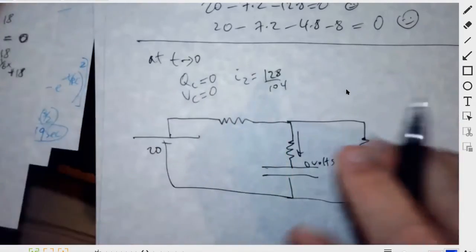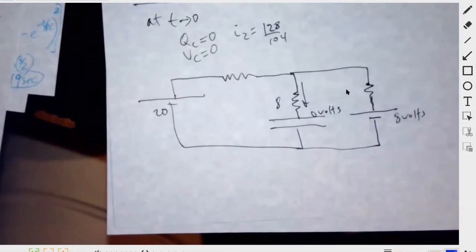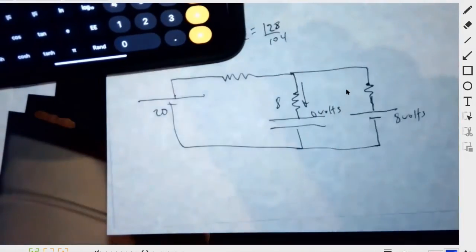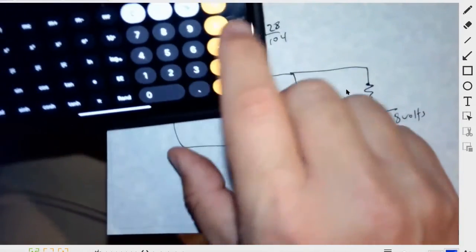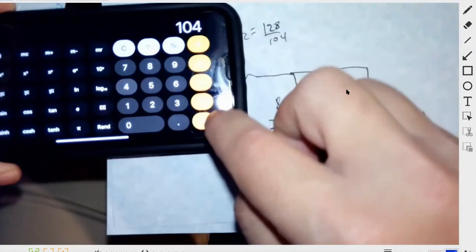What was that resistance? 8. So 8 times 128 over 104.